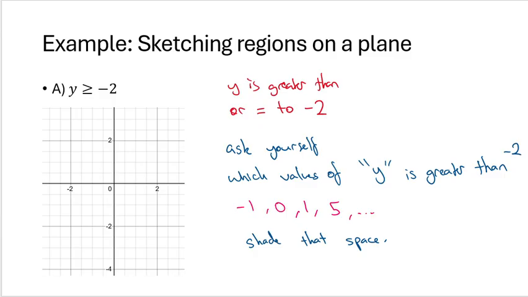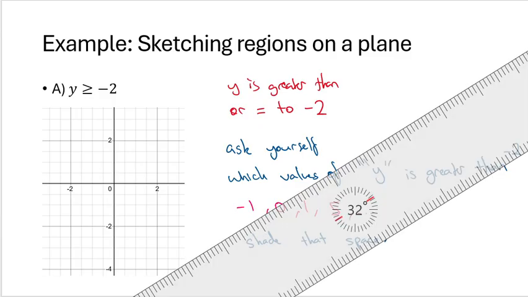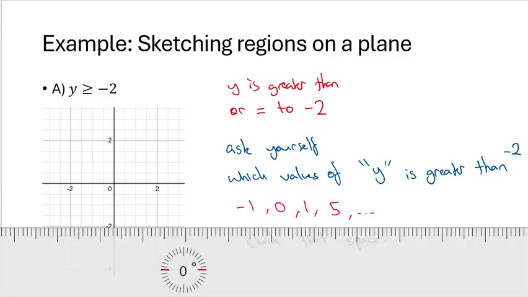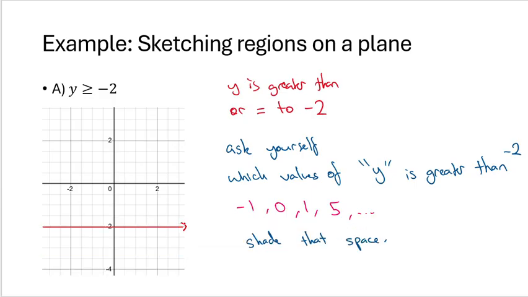So what you're going to do is draw a solid line at y equals -2, okay? Just like that.